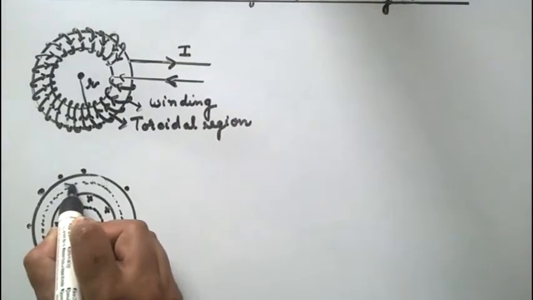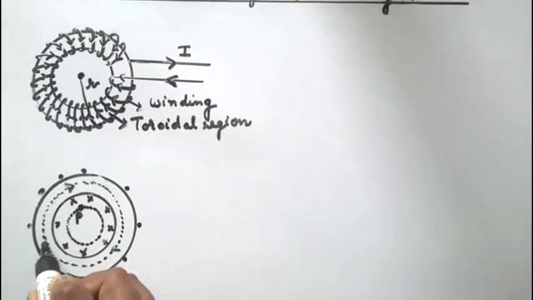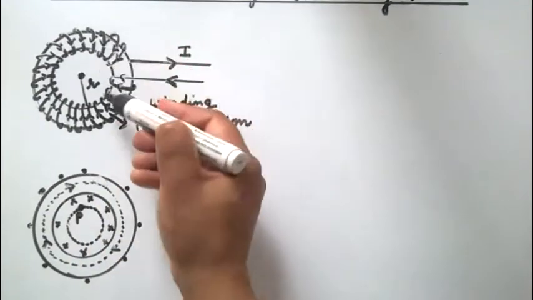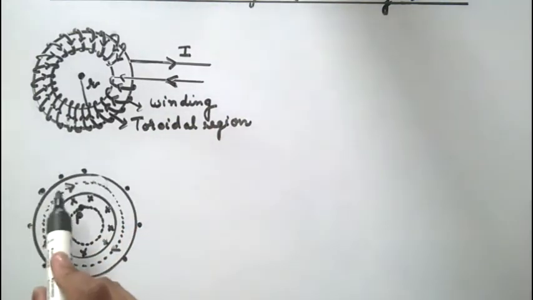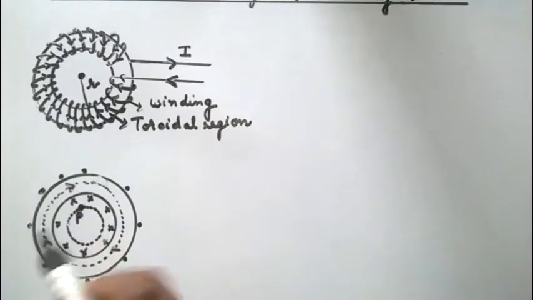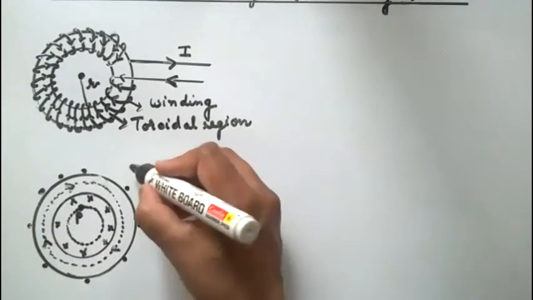Direction of magnetic field is clockwise within toroidal region according to right hand thumb rule. As the current is coming into the plane, the direction which the thumb points gives the direction of magnetic field, which is clockwise here, and direction of dl and magnetic field is same along the tangent.